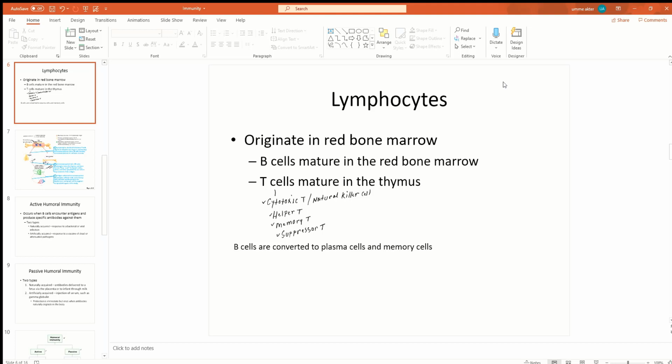Okay, I'll just explain briefly how they work. Cytotoxic, this one, natural killer cell. This is a cytotoxic T cell. Okay, and this is a bacteria or enemy cell. It could be your cancer cell or tumor cell too.